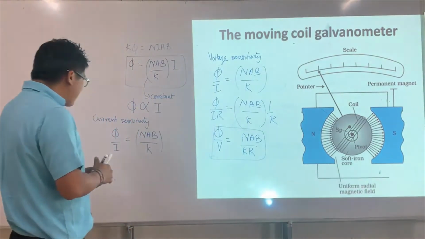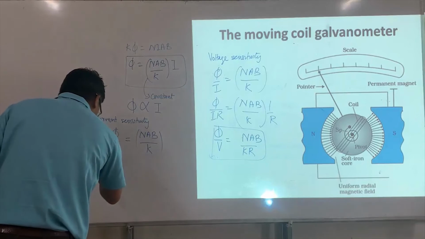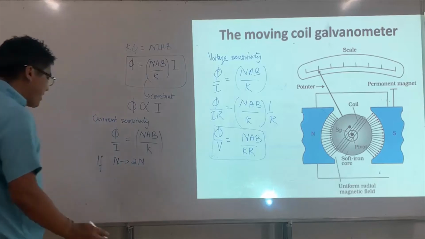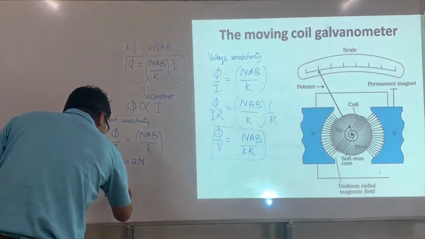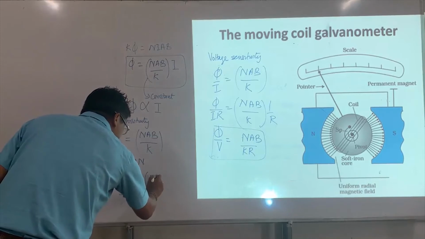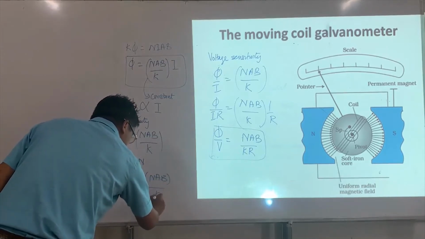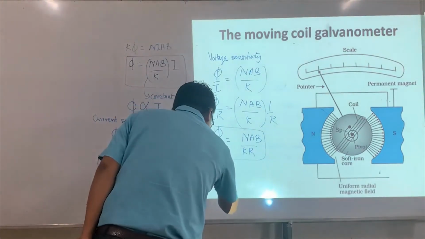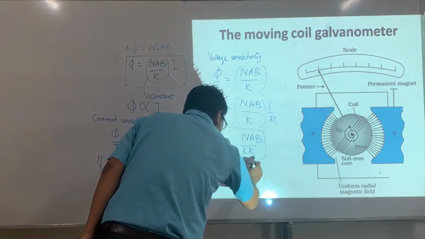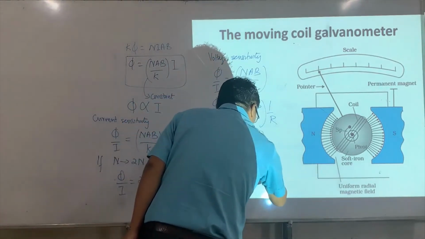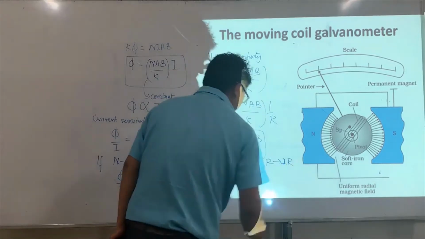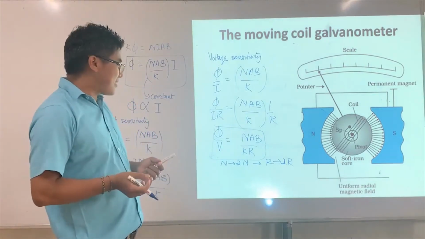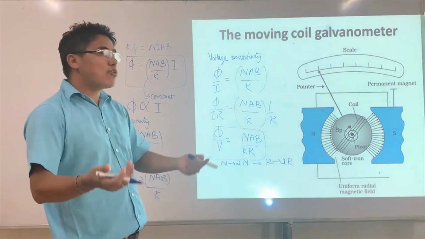The example I would like to give you is, if I increase N, then current sensitivity is going to increase. However, look at the voltage. If I increase N, the length is also going to increase, and if the length increases, the resistance also increases.